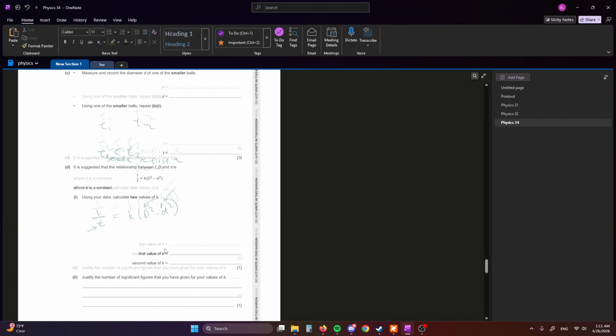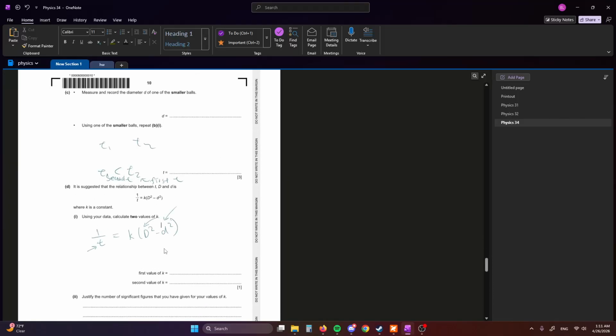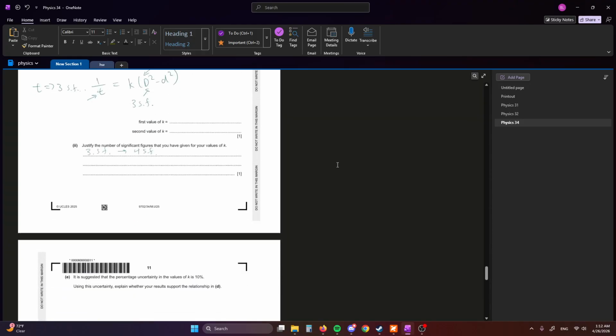And you want to justify the number of sig figs, so for T, it should be 3 to 4 sig figs, depending on how long it actually takes, but I'm assuming it's just going to be 3. And then this measurement here, we can say it's 3 sig figs. So when we calculate everything, in the end, we should get 3 sig figs. If you want to include 1 more and it becomes 4 sig figs, that's also fine. I'm pretty sure they do accept that, as long as you justify it.